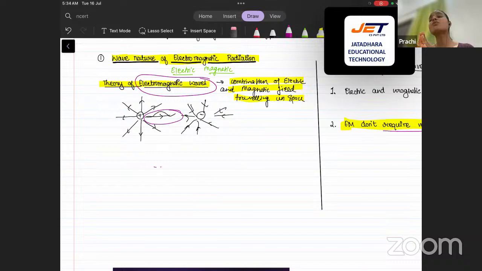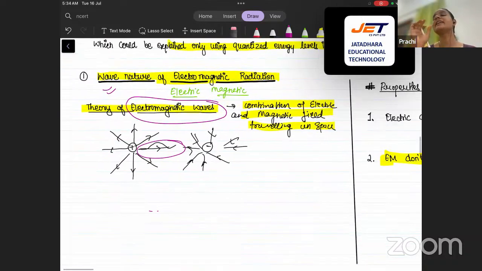But yes, there were certain experiments and observations which can't be explained on the basis of the wave nature of electromagnetic radiation. And we will be seeing what those things are which can't be explained when we take light as a wave. Whenever I'm saying light, you should know that I'm saying electromagnetic radiation. So light will consist of all of these radiations which we just saw, right?